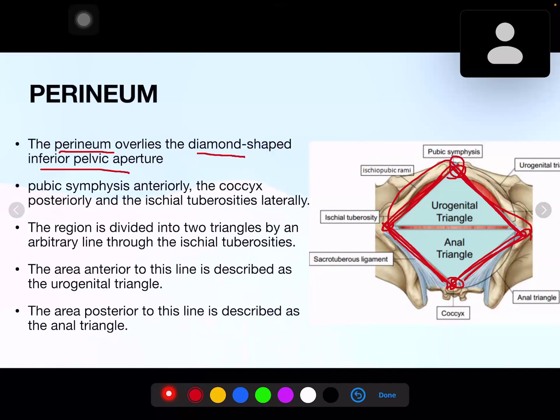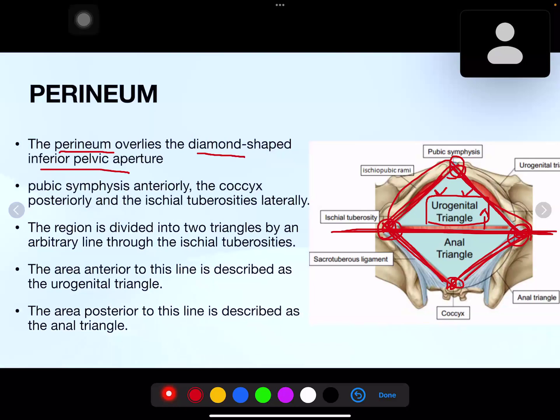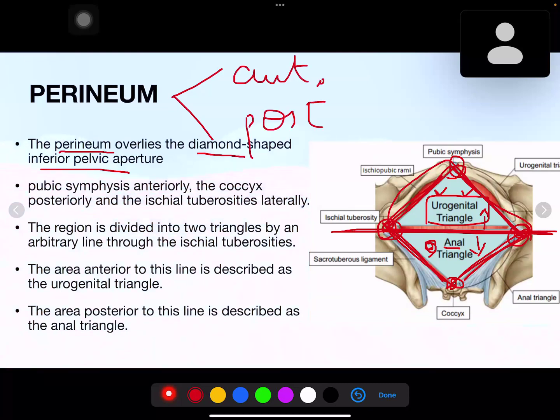If you draw an arbitrary line between the ischial tuberosities, then anterior to this line is the urogenital triangle. Urogenital means the urinary tract structures and the genital openings would be present here. The posterior triangle is called the anal triangle, as the name indicates, so the anal opening would be present here. So the perineum is divided into two structures: the anterior urogenital triangle and the posterior anal triangle.